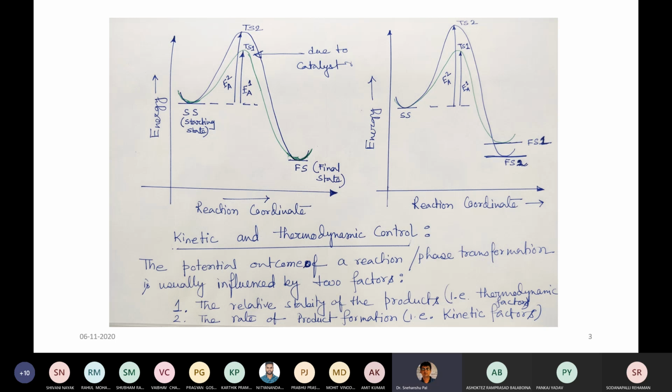Such a reaction can hardly occur without the catalyst due to high activation energy. So what will happen? If you add finely divided iron, it will act as a catalyst and lower the activation energy barrier and make the process easily possible.